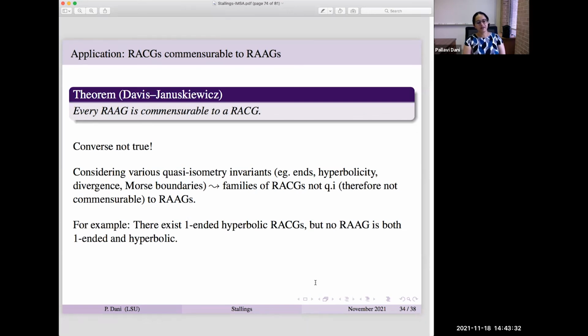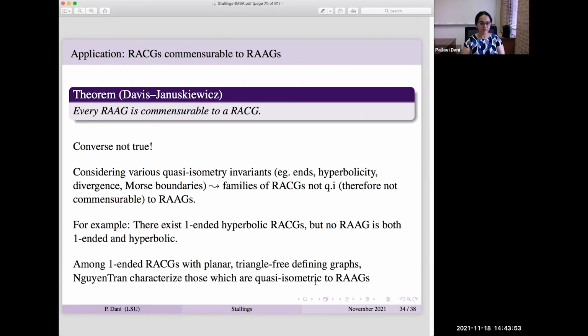On the flip side, this question was lying around for quite some time: which right-angled Coxeter groups are actually commensurable to rags? It's also not even known which right-angled Coxeter groups are quasi-isometric to rags. But it is known in a particular setting: Nguyen and Tran characterize right-angled Coxeter groups which are quasi-isometric to rags, in the setting of one-ended, planar, triangle-free defining graphs.